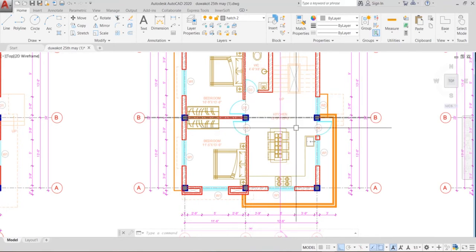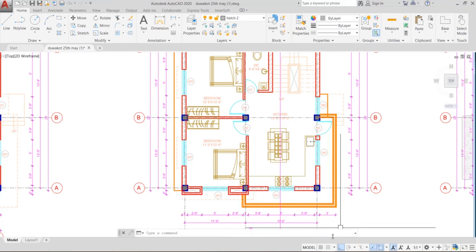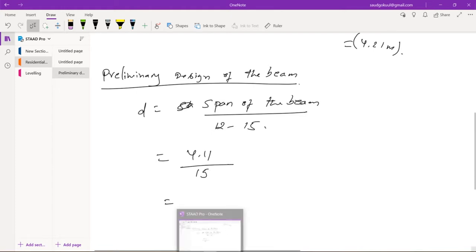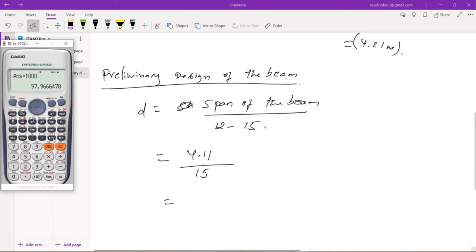So let's take this one. 13 feet and 6 inches was equal to 4.11 meters. Let's divide 4.11 by 15, so the effective depth D of the beam is equal to, let's use the calculator. This is where we converted the size.